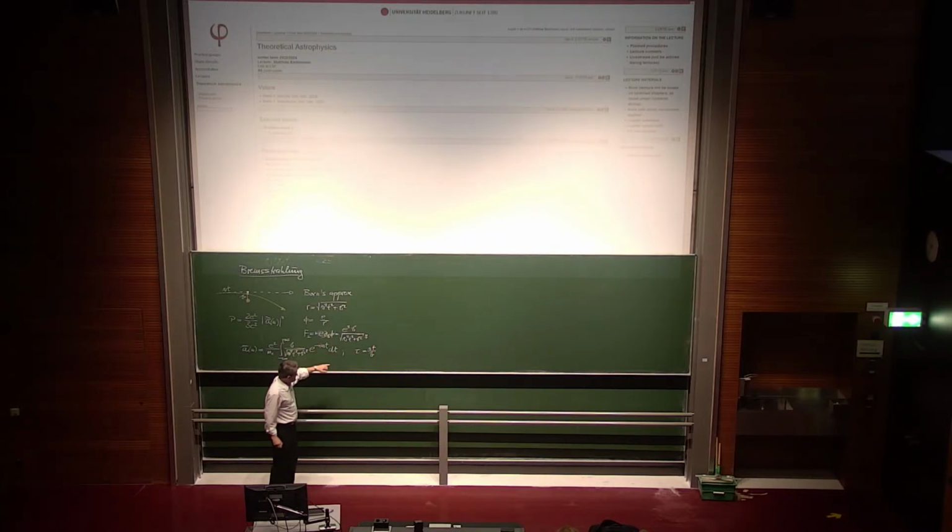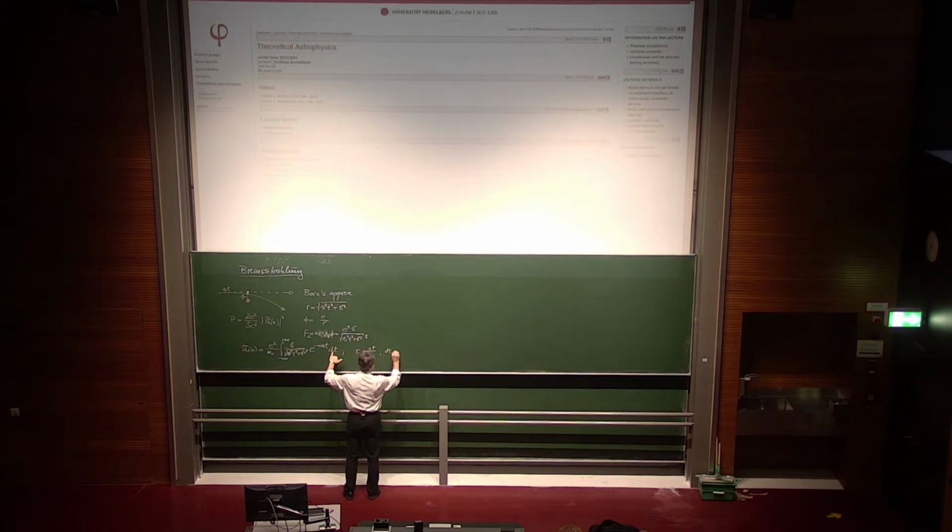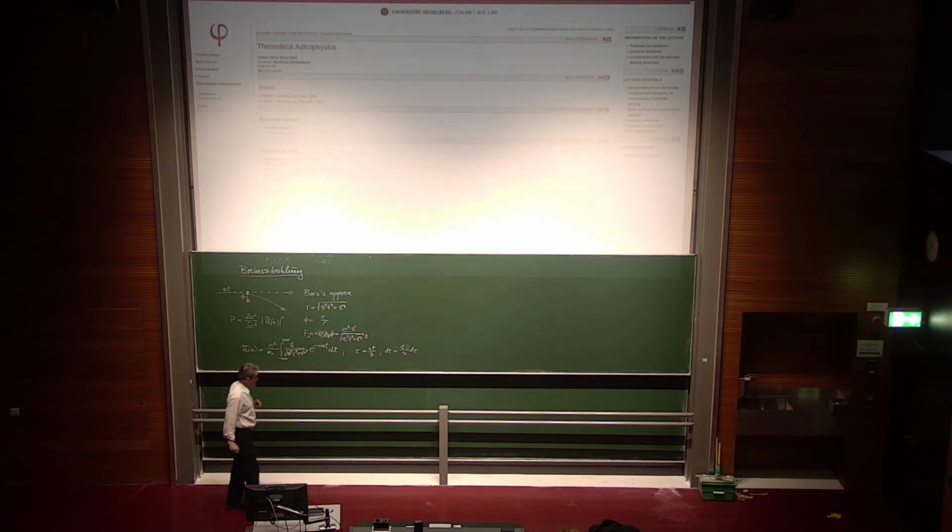Then, of course, I will have to integrate over dt, so I'm going to translate this into an integral over d tau by saying dt is b over v times d tau. All right. Then, of course, I will have to do this transformation here as well.